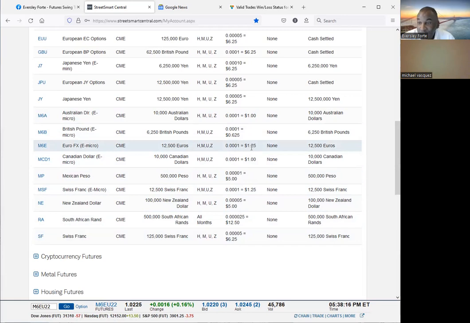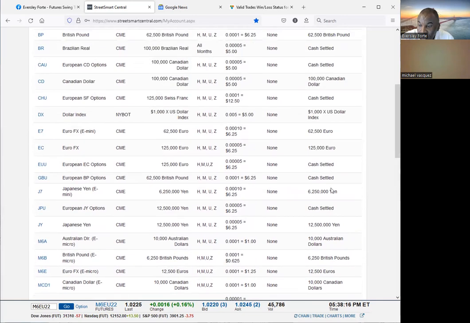Someone please bring out a calculator. I'm going to be asking you for a number, keeping in mind 1 tick is $1.25. So if the number moves from 0.0001 to 0.0010, that's 10 ticks. That's 10 times $1.25, so that's $12.50. Keep that in mind.